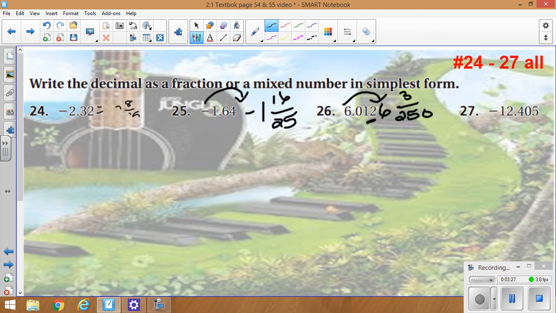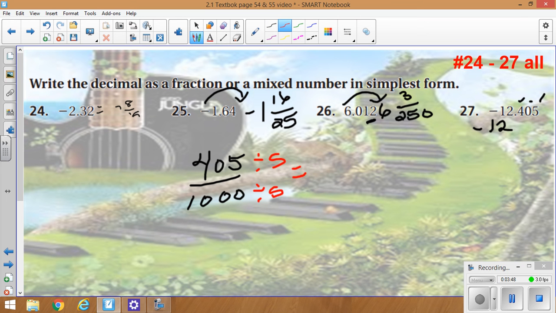Okay, and finally, number 27, I'm going to bring the -12 over, and I'm going to take 405, and we have tenths, hundredths, thousandths place, so my denominator is going to be 1,000. My numerator and denominator share a factor of 5. So I get a final answer.